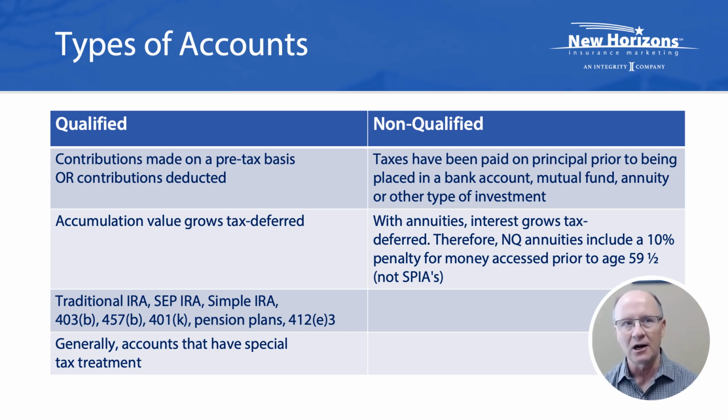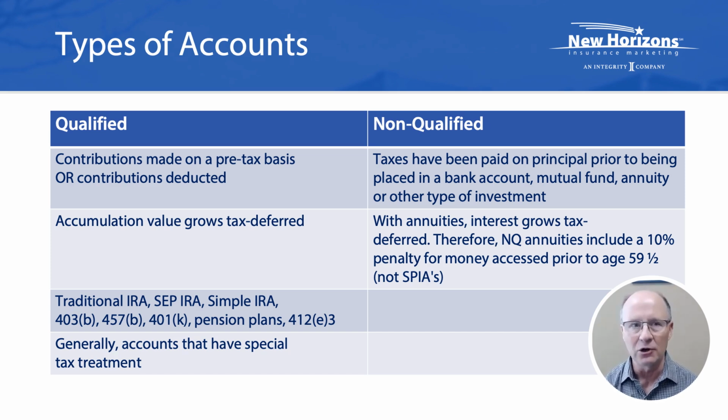But anyway, the 2 columns, qualified and non-qualified. Qualified monies are any of the monies that are on a pre-tax basis. They're the contributions that are made that are not taxed at that time. So the second line there, accumulation value grows tax deferred, that's for sure. What you would recognize as qualified monies might be in a SIMPLE IRA.